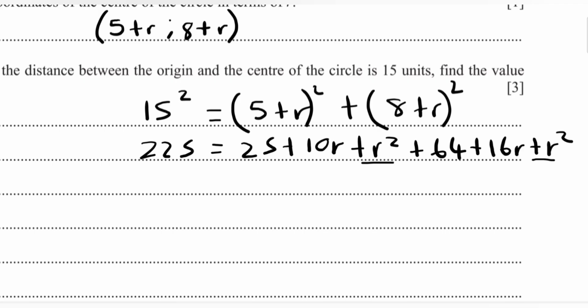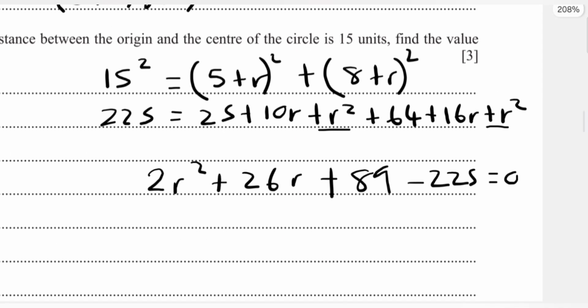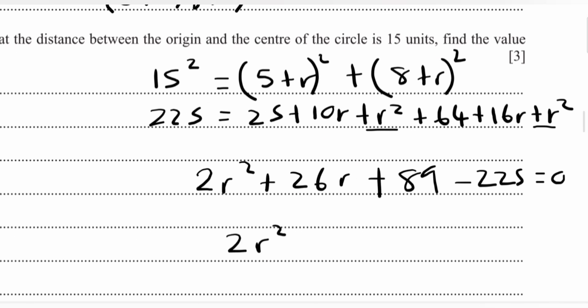Dealing with the right hand side, we get 2r squared plus 26r plus 25 plus 64, which is 89. And of course we have 225 on the left hand side, so this will be 2r squared plus 26r plus 89 minus 225, that's minus 136, equals 0.